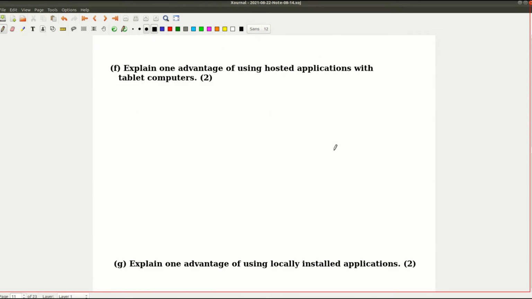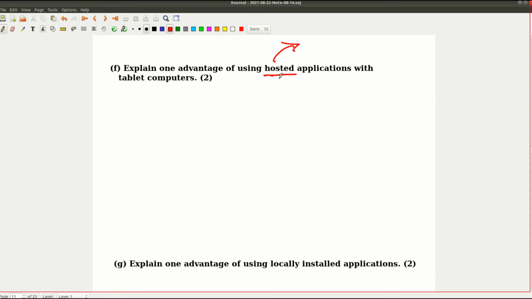Explain one advantage of using a hosted application with a tablet computer. So what's the meaning of hosted application? Hosted means you will get this application from the internet. Like if you search on Google, you will get a certain application.